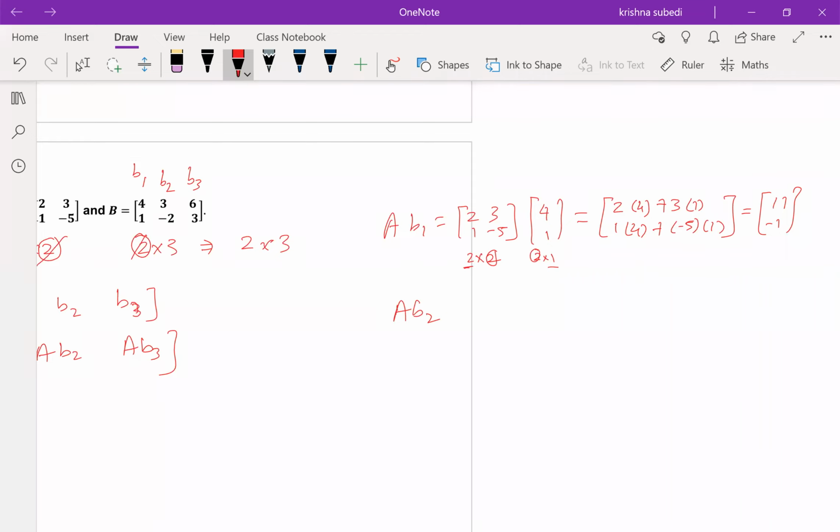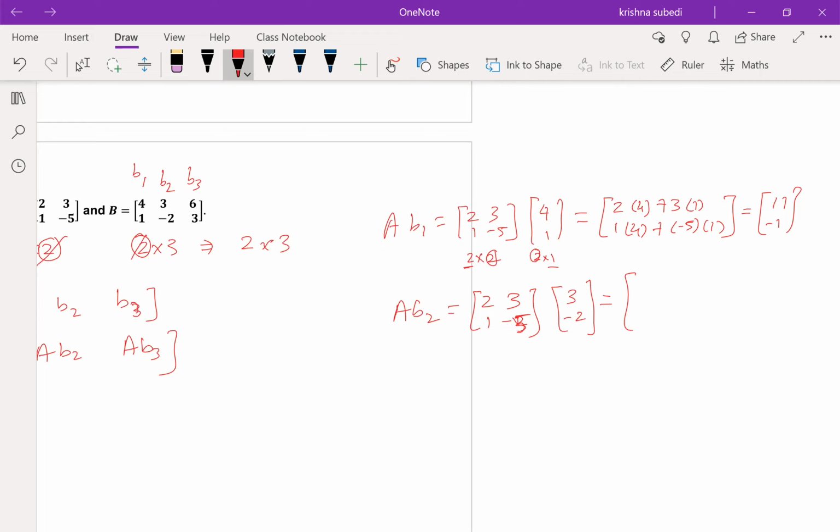Now AB2. In the same way, you can find this AB2. And B2 is 3 and -2. And multiply in the same way. Row with column.